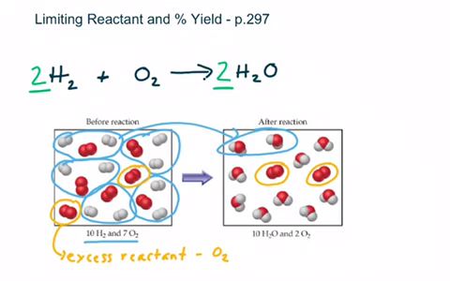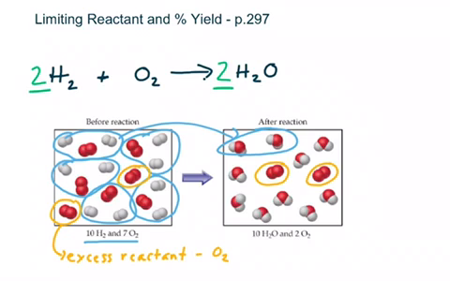If we think about the role that hydrogen played in this reaction, it limited the amount of product that we could produce. Because if we had plenty of hydrogen and just our 7 molecules of oxygen, we could have made at least a few more water molecules. But because we ran out of hydrogen, that stopped the reaction short and limited how much we could produce.